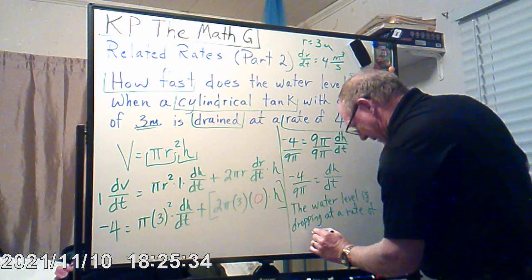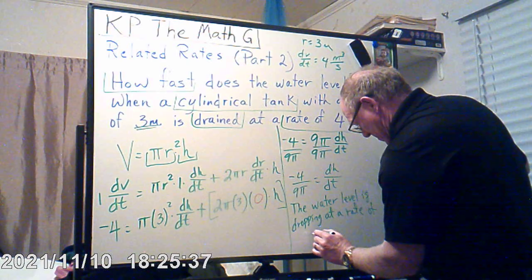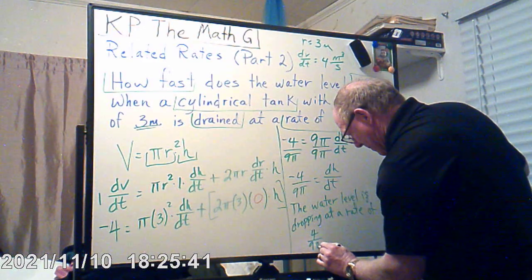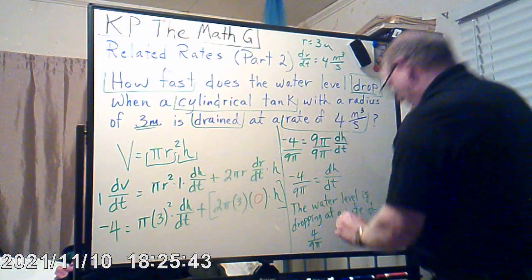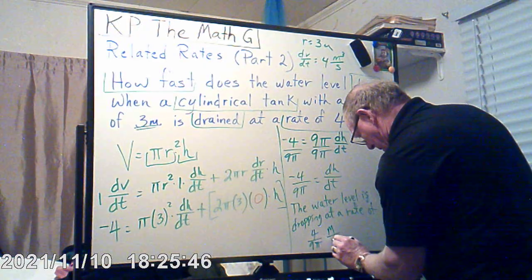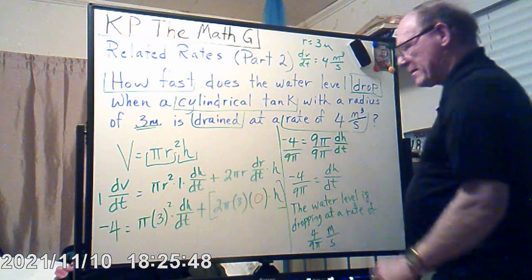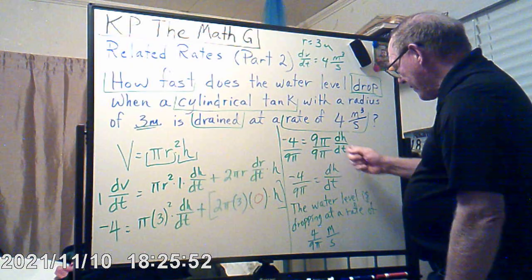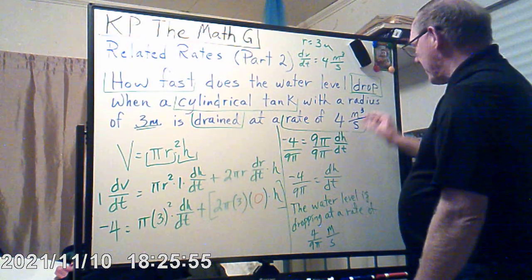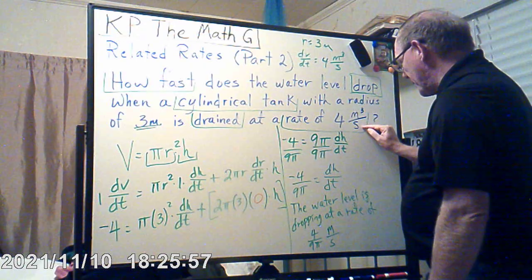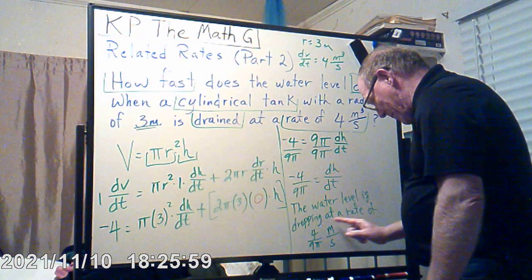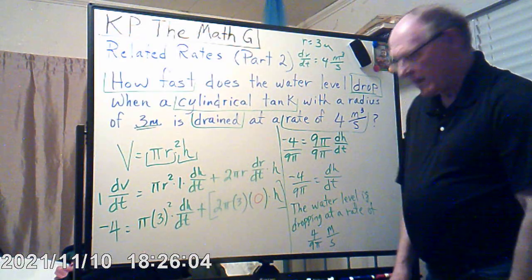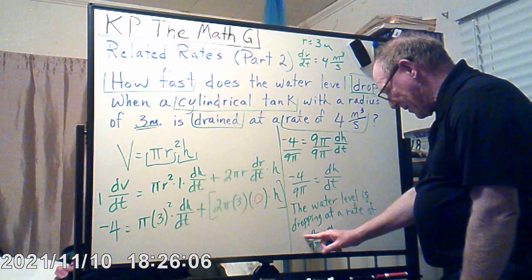It's not negative. 4 over 9 pi meters per second. Height is always in meters per second. Volume is in cubic meters per second. So we're at meters per second right here. So do not put the negative here.